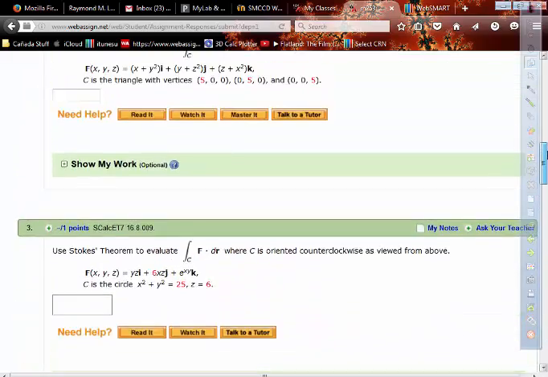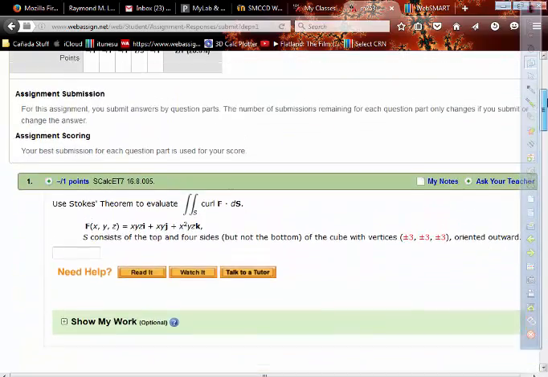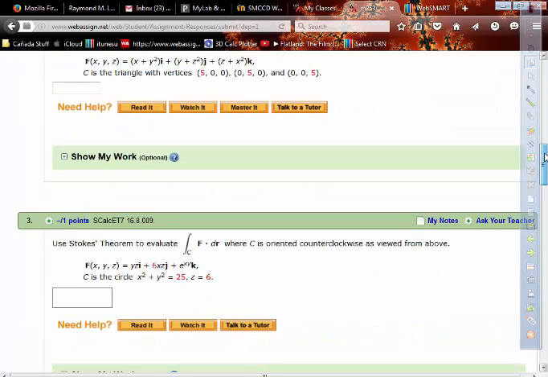So the other one's another line integral. Let's see if we could do problem number 1.